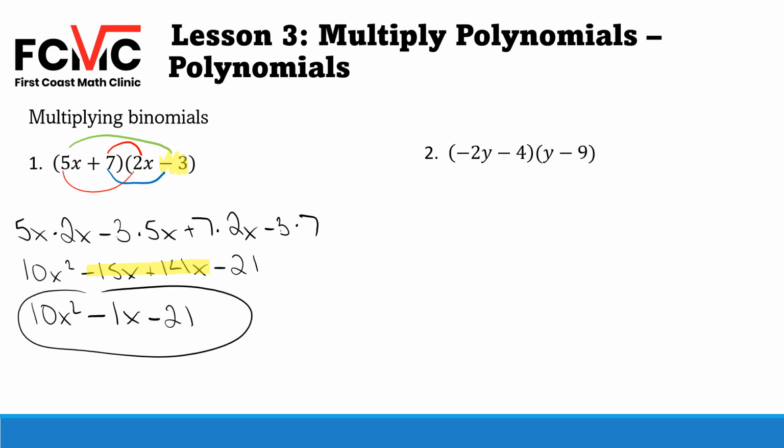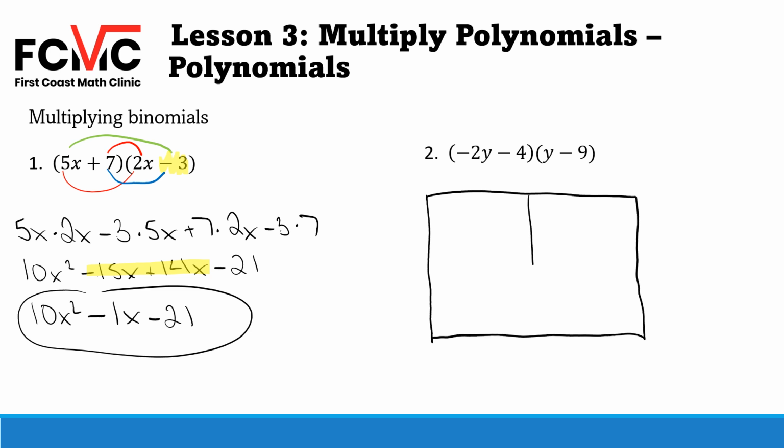All right, for number 2, let's use the box method. So draw out our box. I'm going to have negative 2y and negative 4. So I've got to include the sign with my term.